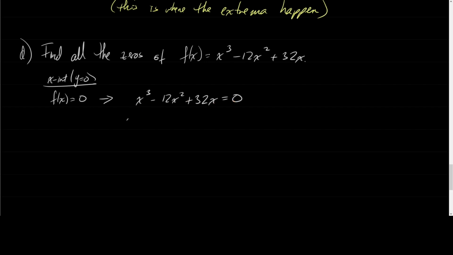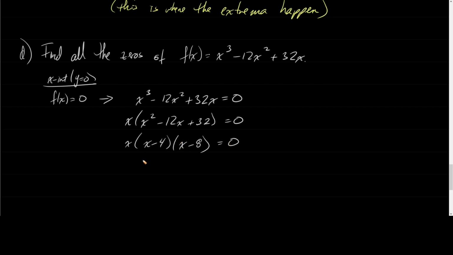Let's factor out the x. We're left with x squared minus 12x plus 32. And then factoring this, we need two numbers that multiply to 32 but add up to negative 12. Those are negative 4 and negative 8. And set that equal to 0, right?